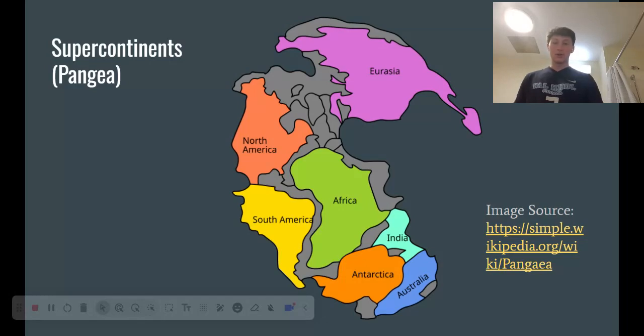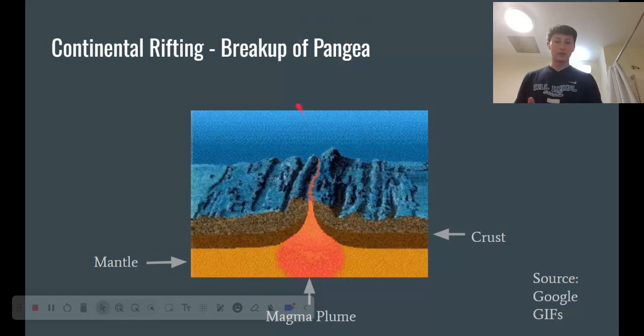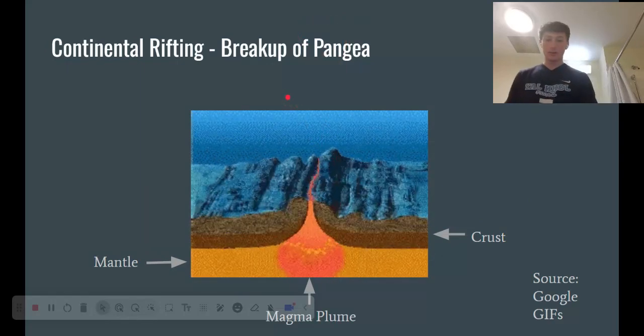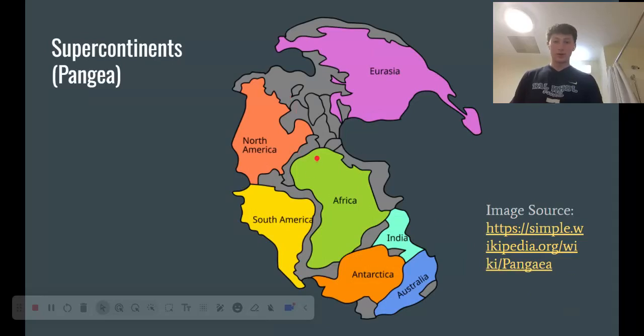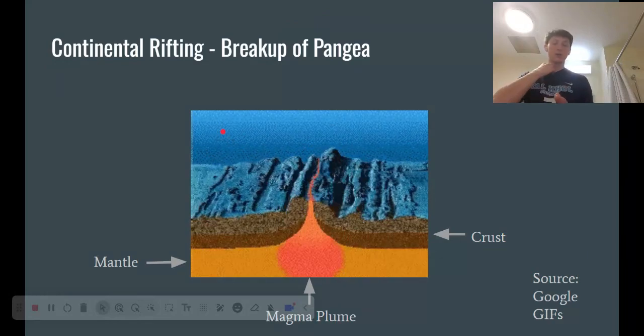But anyways, what made Pangea break up is the continental rifts. If I go back to this, along here in the gray, we had a massive continental rift. So a rift formed, which caused the breakup of Pangea.